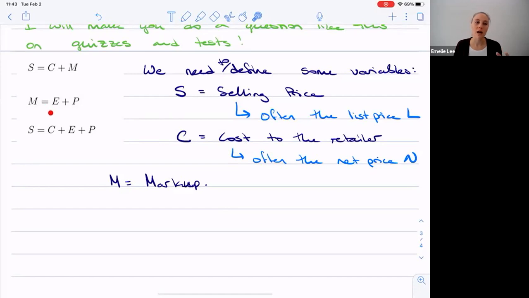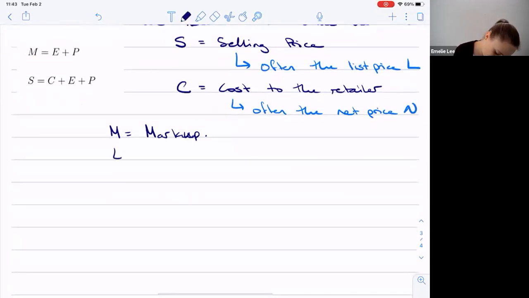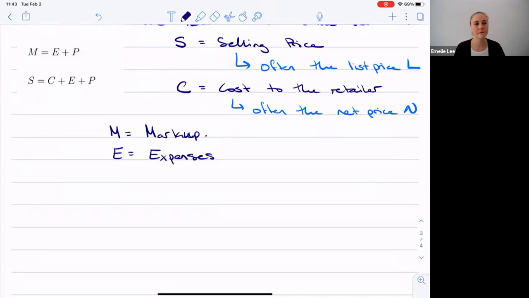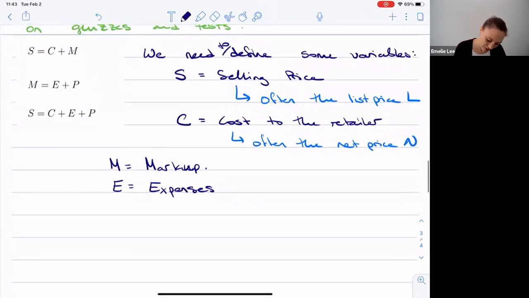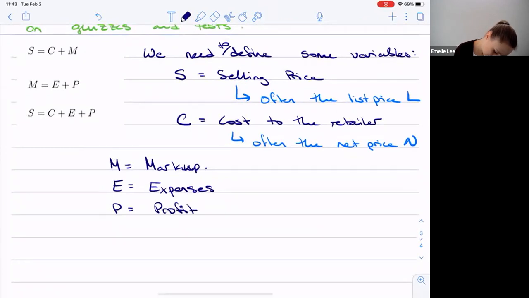So all of those have to be incorporated into your markup. So your markup is made up of E, which is your expenses. And then of course your P, which is your profit. So ideally your markup should cover expenses, of course, but also give you some sort of a profit or profit margin, right?